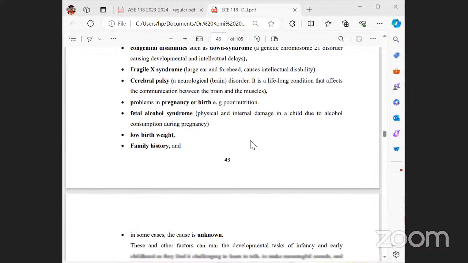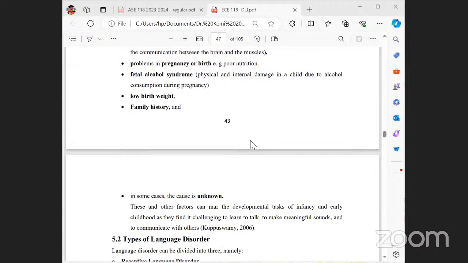We also have family history, which I talked about the last time we talked about language disorder, that some children inherited it. Not because they had bad stress or any kind of ailment, but they just found it in the family. They are just slow. I think I gave you an example of a colleague of mine. She actually finished with a very strong 2-1.